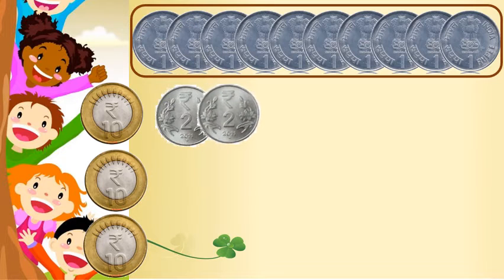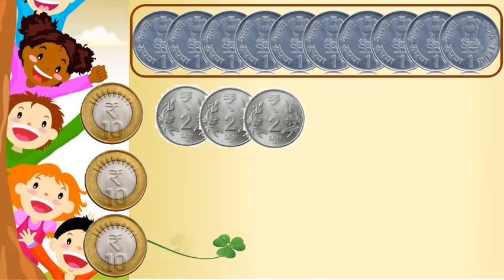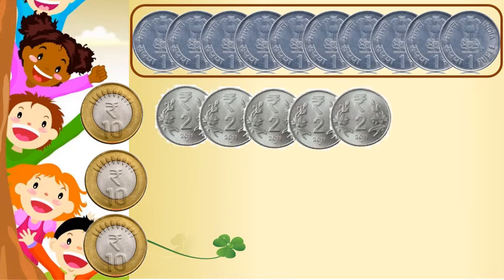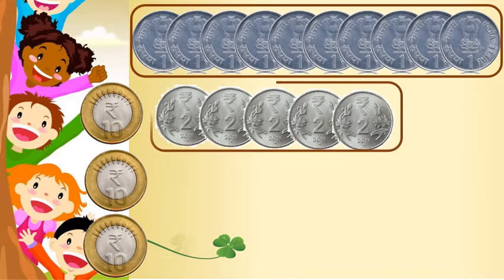One, second coin, third coin, fourth coin and fifth coin. Yes, he gave me 2 rupees 5 coins. What this means? 2 plus 2 plus 2 plus 2 plus 2 is equal to 10. Yes, you are right, Raj.